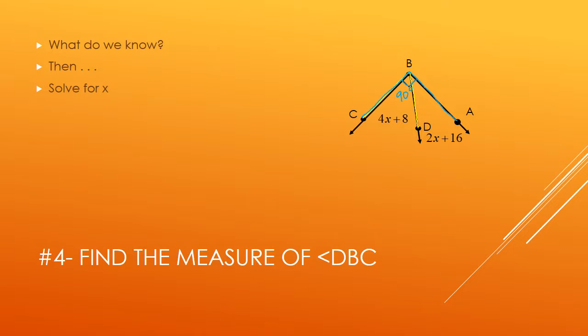So we can write an equation that says 4x plus 8 plus 2x plus 16 is equal to 90, because 2 parts equal a whole, and my whole is angle ABC, and ABC is a right angle, and it's 90 degrees. So I can solve for x.